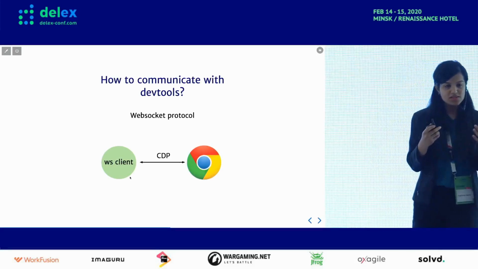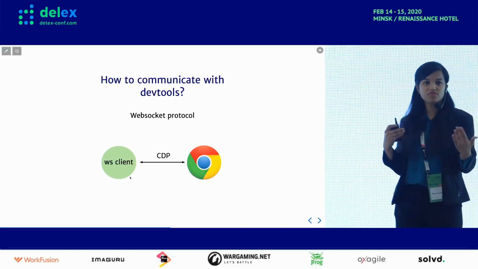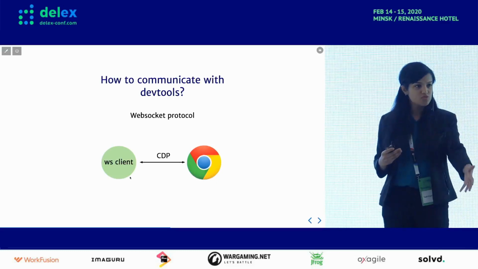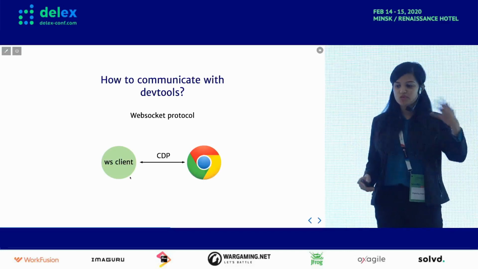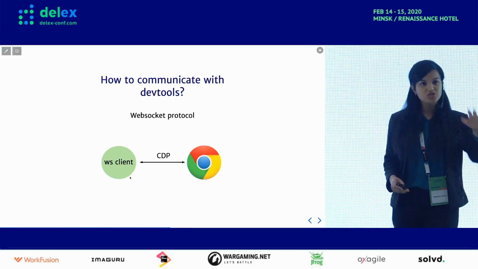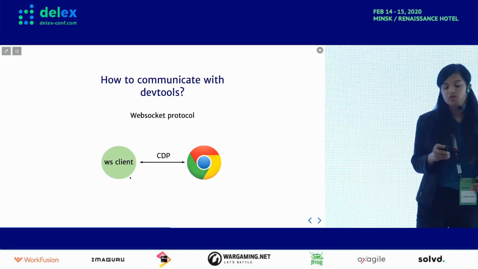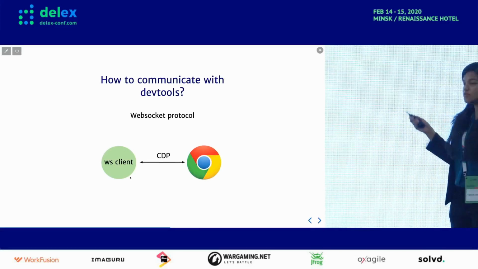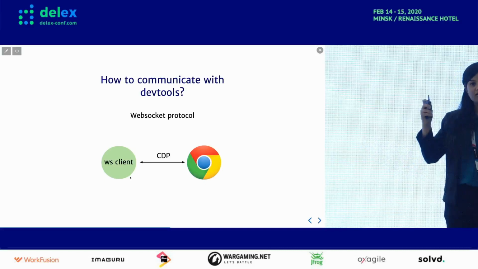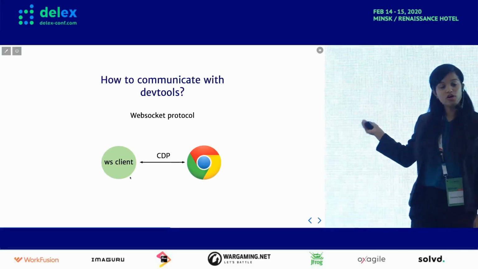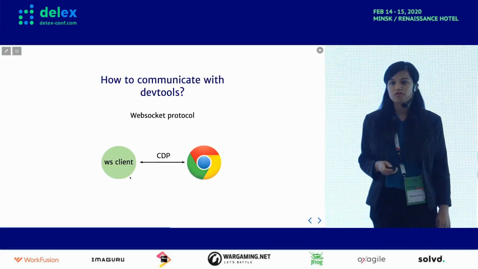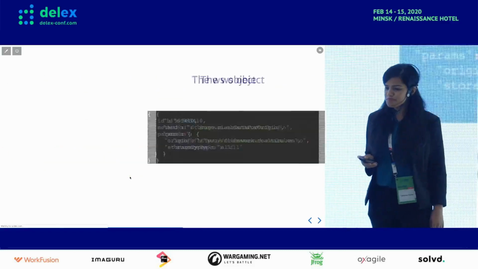What that means is that you don't have to wait for a server to make a request to give it some information back. It's a two-way communication, so it can actually push information onto you. So that is about your WebSocket protocol. So all you need is a WebSocket client, and with that, you'll be able to talk to your Chrome DevTools protocol. So that is cool.